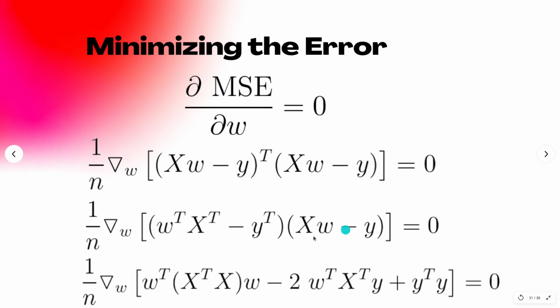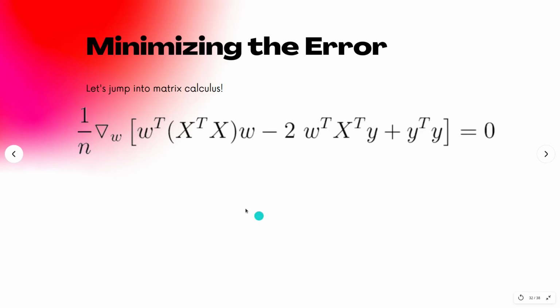Let us open the two brackets. You get w transpose times x transpose x times w minus 2 w transpose x transpose y plus y transpose y. So this is the final equation, and this term is dependent on w transpose, but this last term is independent of w.